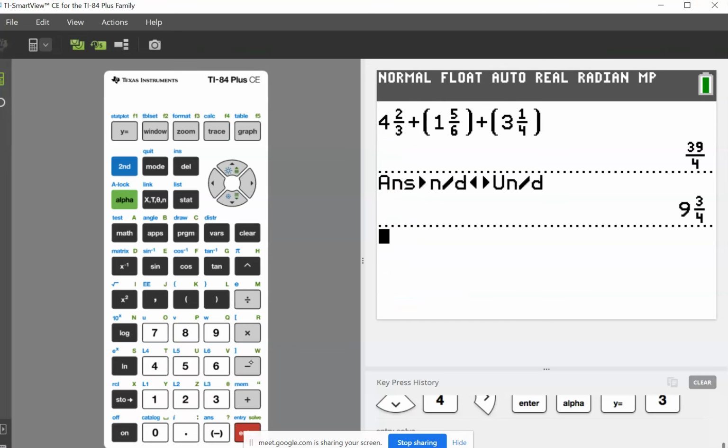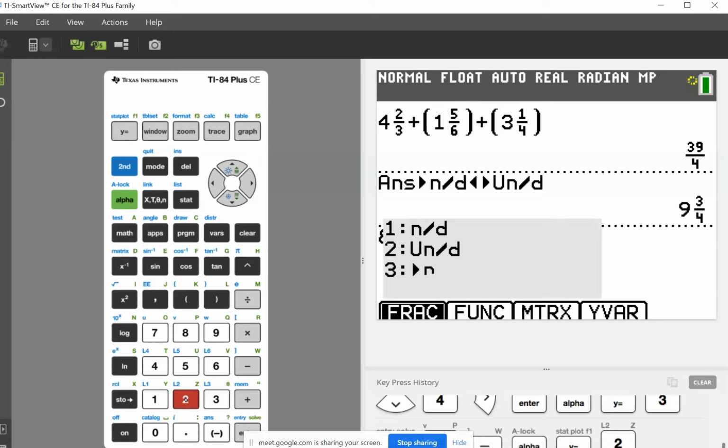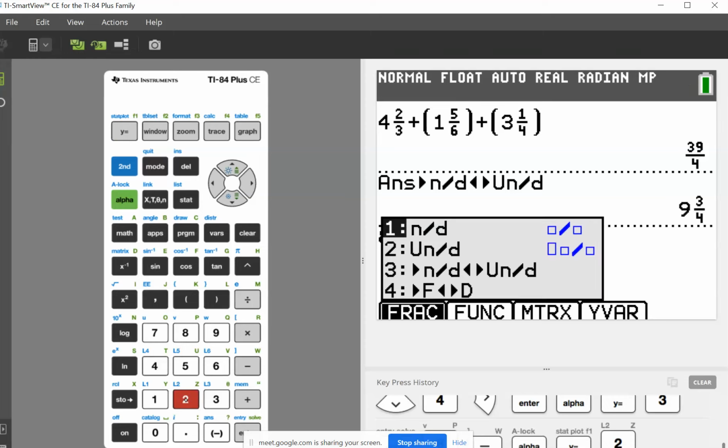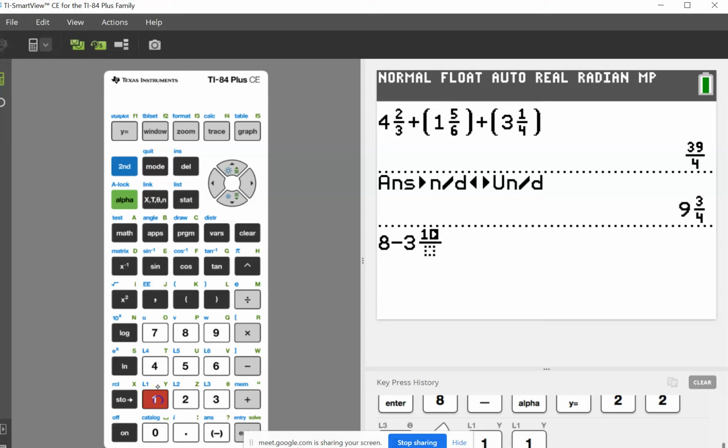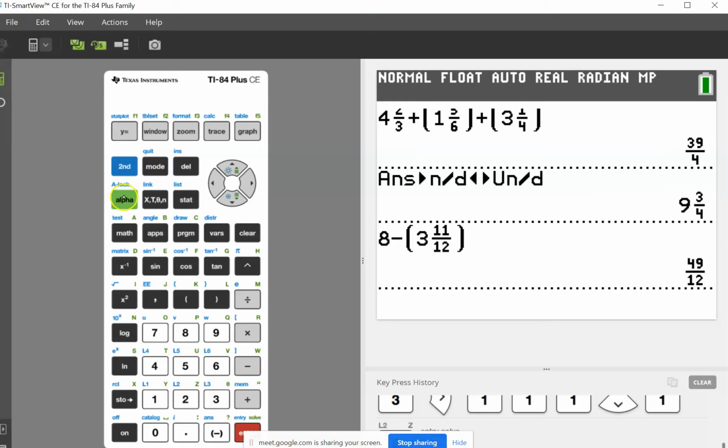If you're doing this here, it's just simply 8 minus, alpha y equals number 2. We're going to type in our 3 11/12. And so we have our improper fraction.